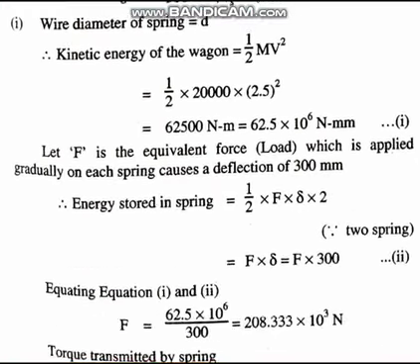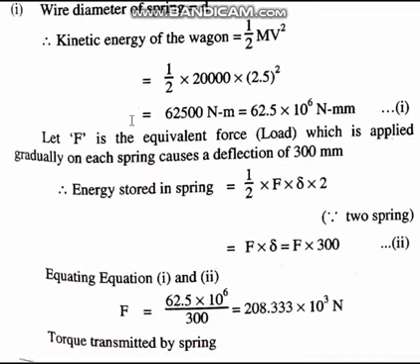Then now let F be the equivalent load which is applied gradually on the spring causing a deflection of 300 millimeters. So now energy stored in the spring. Energy stored, for a gradually applied load, is half of F into delta. We know this. But there are two springs, that's why multiply it by 2.